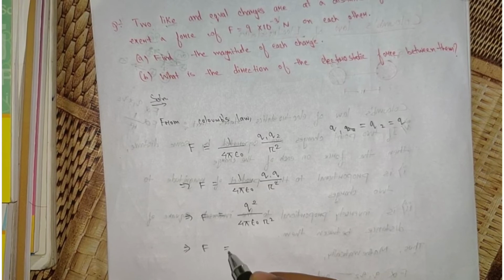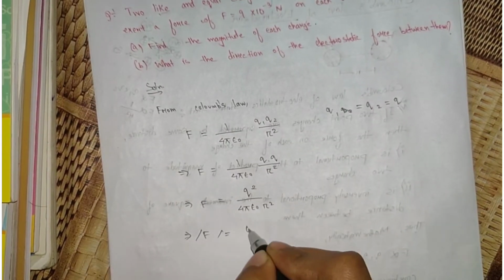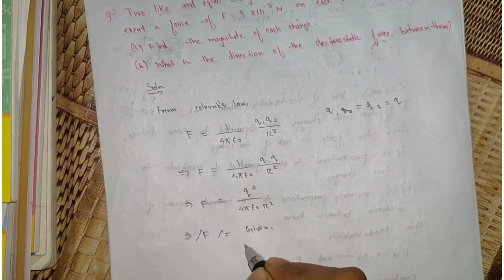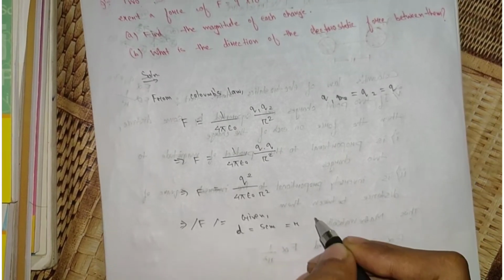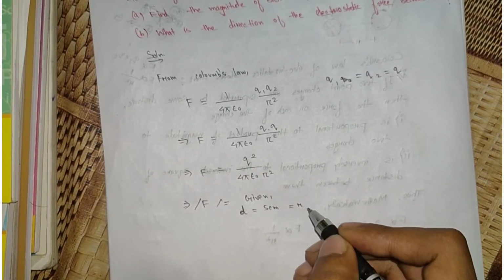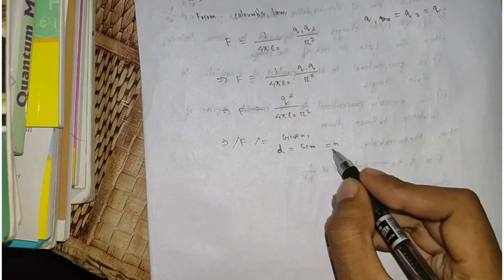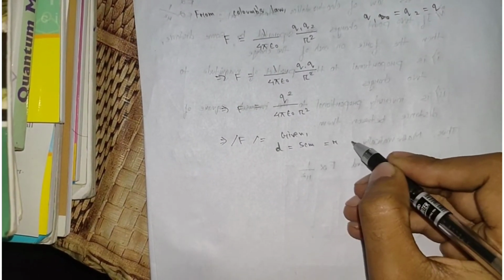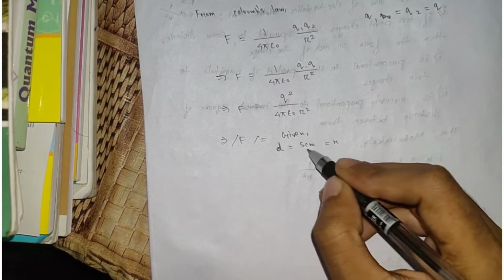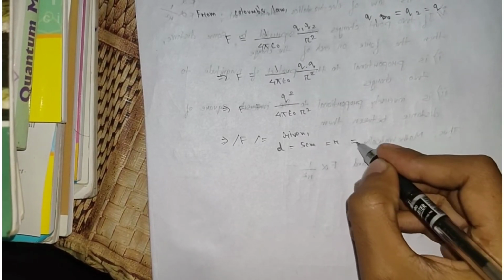Now we just have to put the values given. d equals 5 centimeter and d equals R here. So we have d equals R equals 5 centimeter. As we have the distance in centimeter but we know the SI unit is meter, we'll have to convert it to meter.